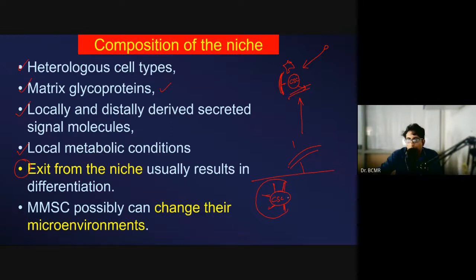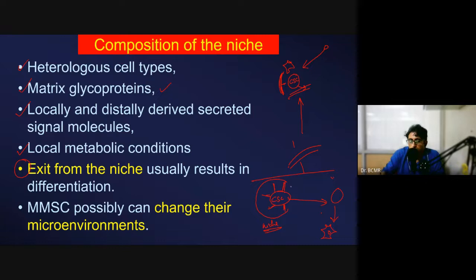And if there is a way that this cancer stem cell or stem cell in general is moved out of its niche, where it is located, then it does not have the same interactions, and because of the lack of those interactions it might differentiate.